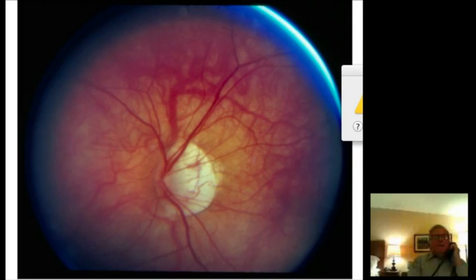And here you have severe bilateral optic nerve hypoplasia. The biggest problem that I encounter with optic nerve abnormalities in infants is that if you look with an indirect ophthalmoscope, you'll miss the anatomic deficit.